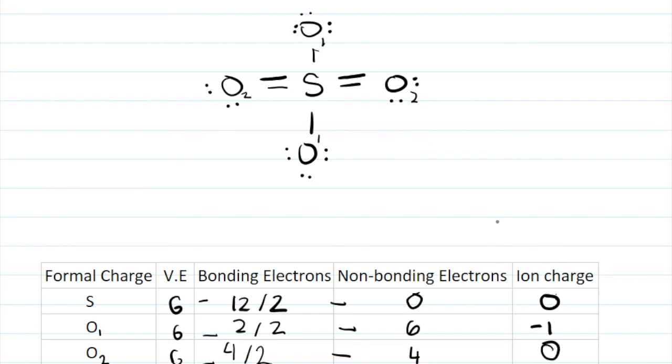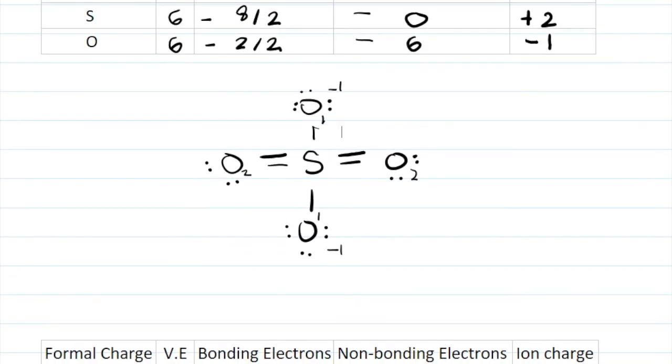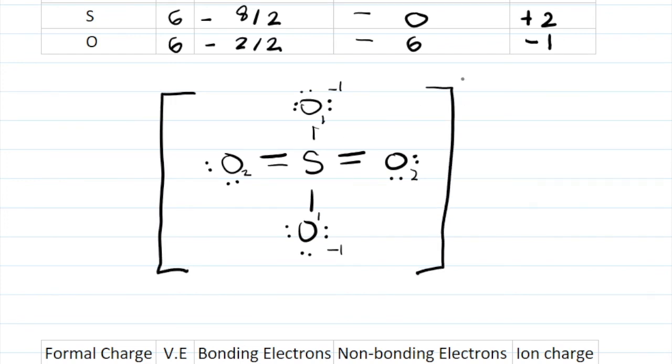So now the only charges here will be for oxygen 1, so negative 1 and negative 1 right here. Because this is an ion, one thing you need to make sure to do is to put brackets around the diagram. So if you have this right here, and make sure you write down 2 minus because you were drawing SO4 2 minus.